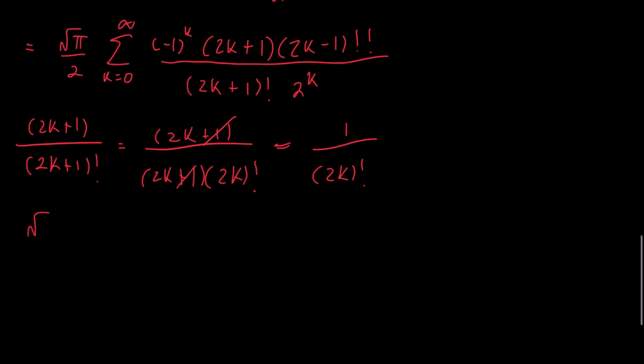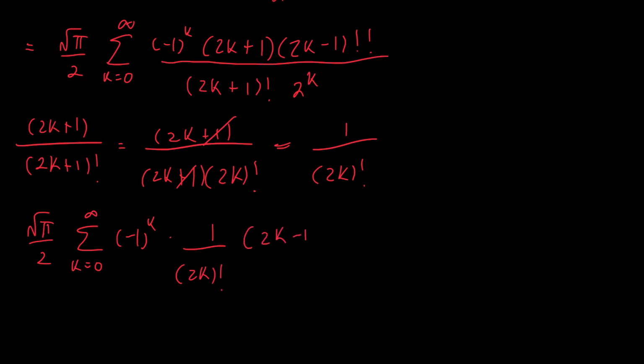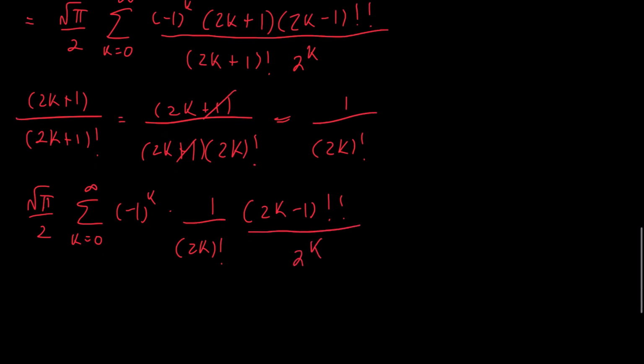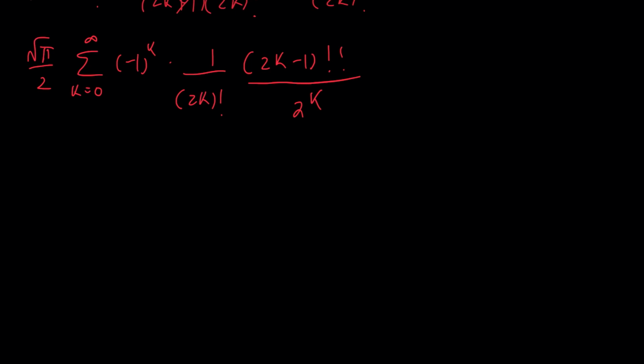So we're going to have square root of pi over 2, sum from 0 to infinity, negative 1 to the k times 1 over 2k factorial, and then we have 2k minus 1 double factorial over 2k. And now we're going to have to simplify 2k minus 1 double factorial over 2k factorial.